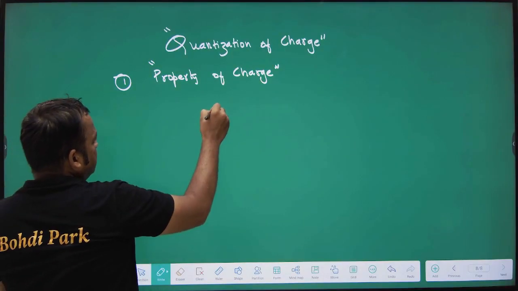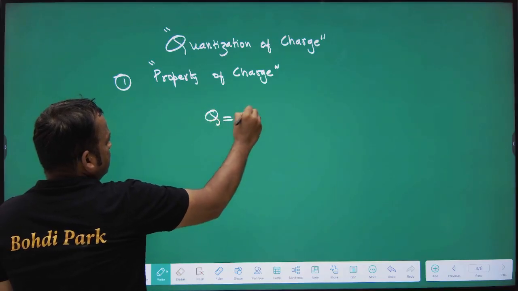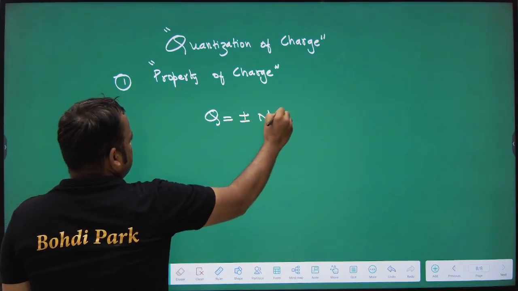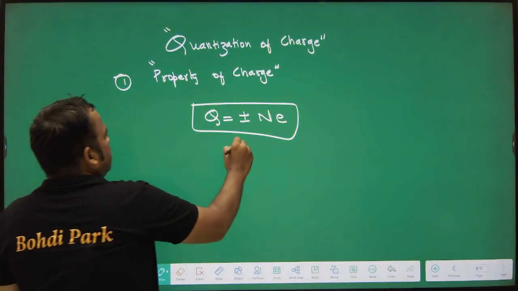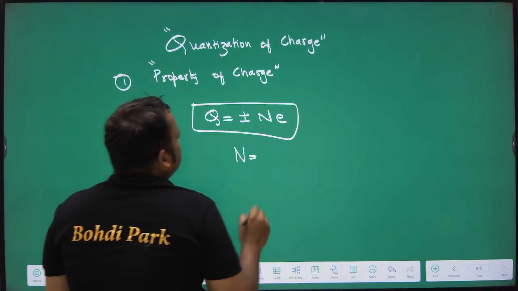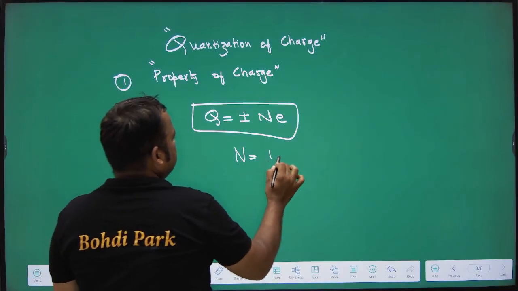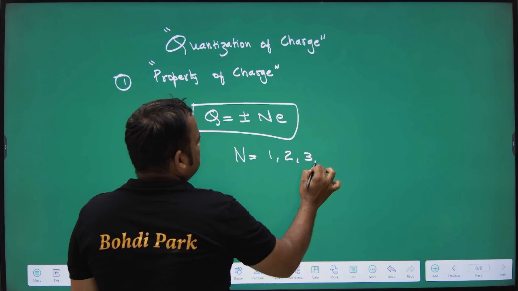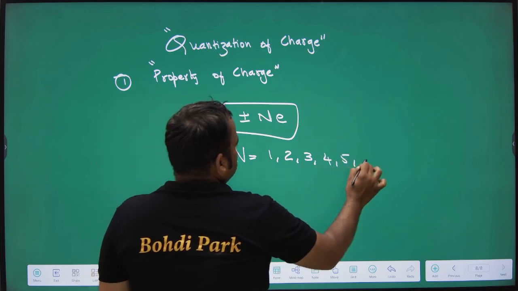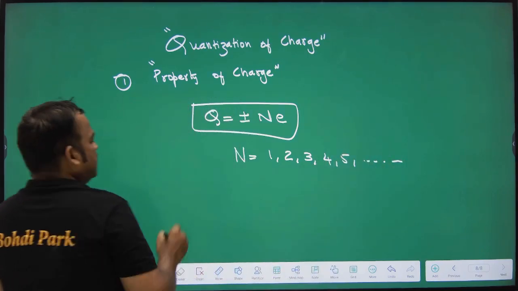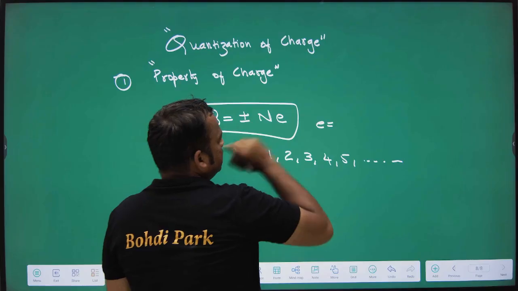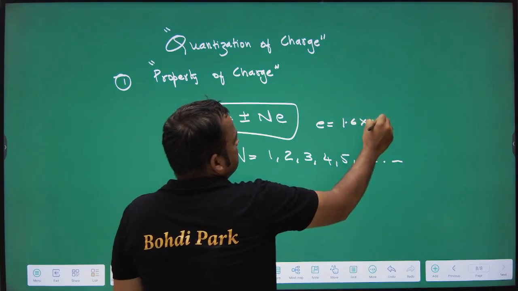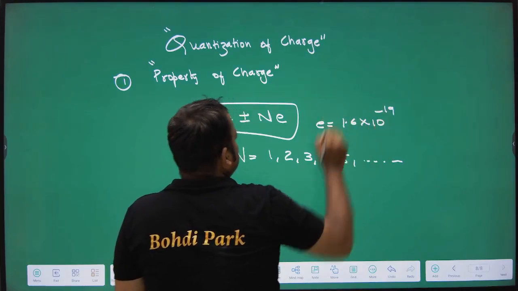First, let's write down the formula. Q is equal to plus or minus Ne. N is a positive integer. It can be 1, 2, 3, 4, 5 and so on. And e is the charge on a proton, which is 1.6 into 10 raised to minus 19.